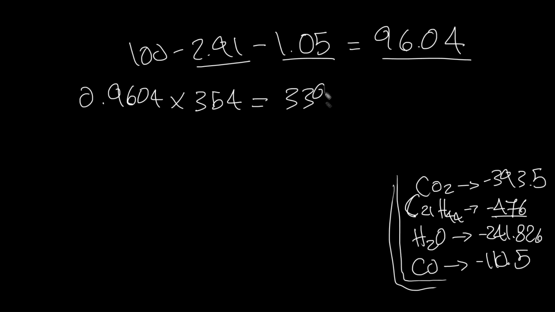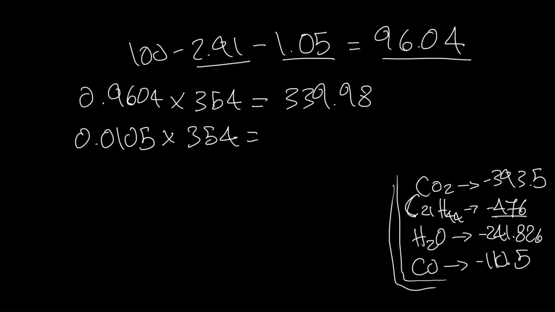So this is the mass of the candle that's going to combust completely, and this is the amount that's going to combust incompletely, 3.717, and actually this is the one that's going to be combusting completely.